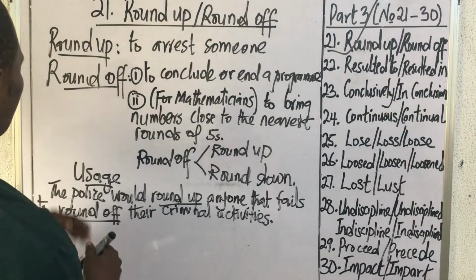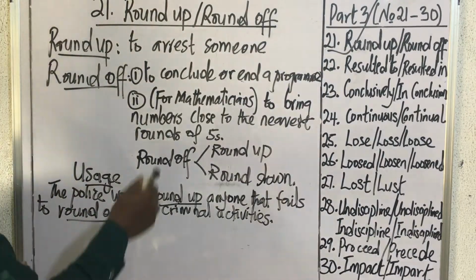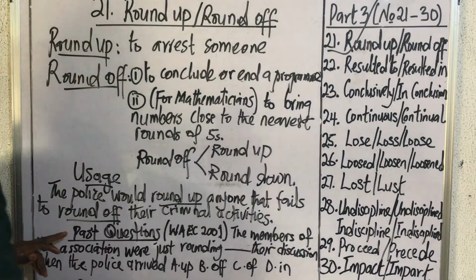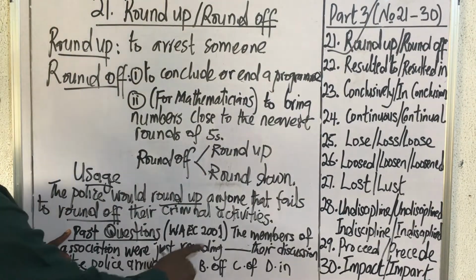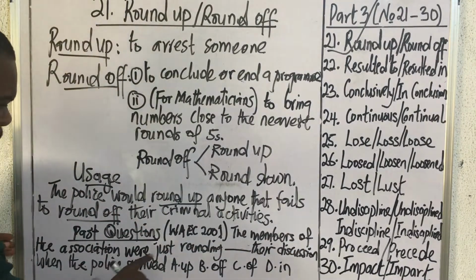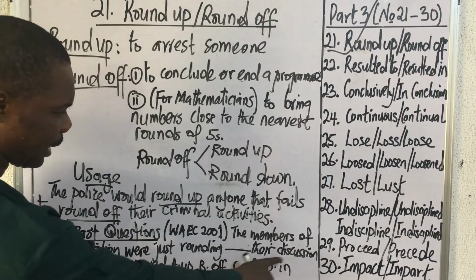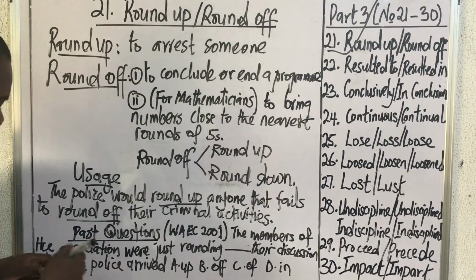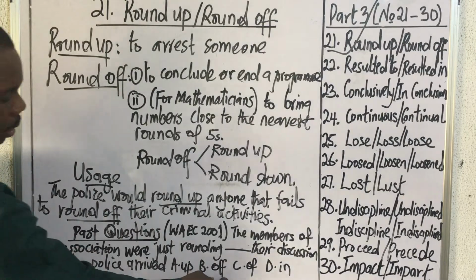Let's move forward and look at their appearance in past questions. WAEC 2001. The members of the association were just rounding dash their discussion when the police arrived. A, up, B, off.